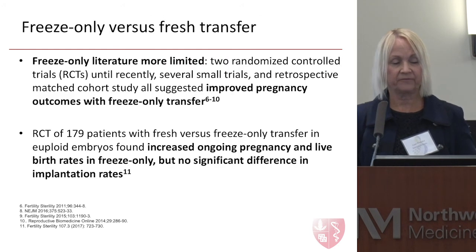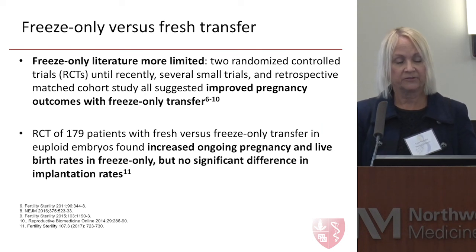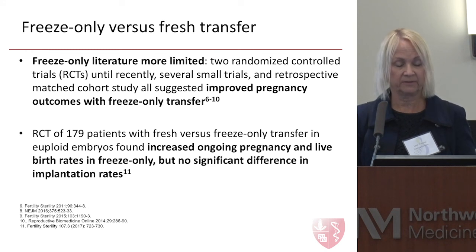So looking at fresh or freeze-only versus fresh transfer, there's not as much data looking at these. Initially, there were those 2 randomized controlled trials that I showed you, and then some small trials and retrospective matched cohort studies, and they all suggested that there were improved pregnancy outcomes with freeze-only transfer.